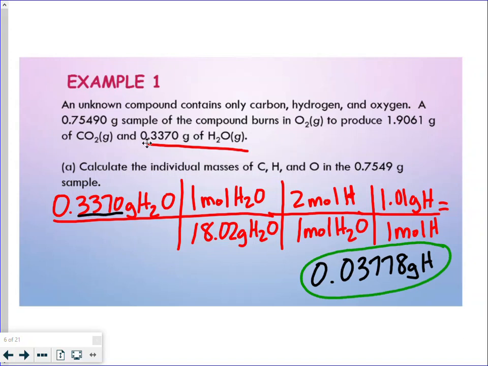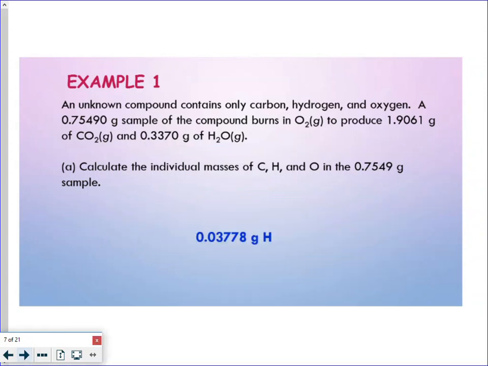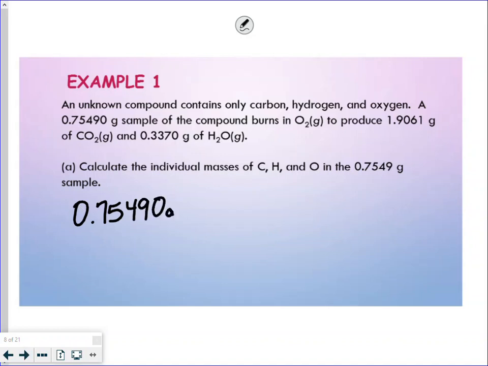All right, now, so we know our carbon, we know our hydrogen, and we know the original compound's amount, so now we can calculate our oxygen. So yes, we are correct with our number. So let's calculate the oxygen. What was the original amount of our compound? 0.7540 or 90, right? This was the total grams of our unknown compound, right?